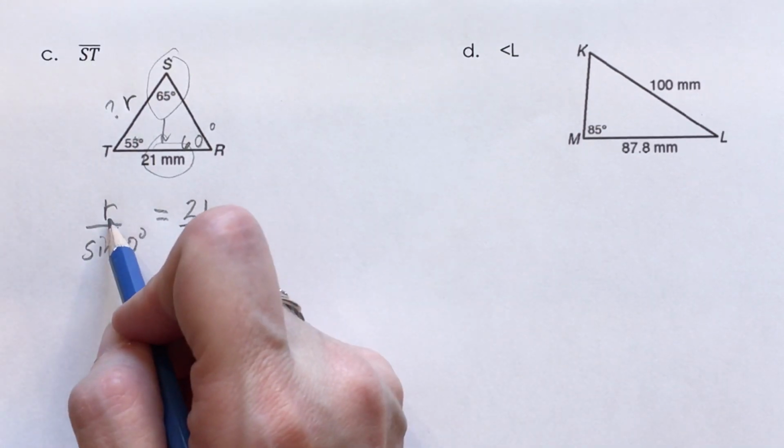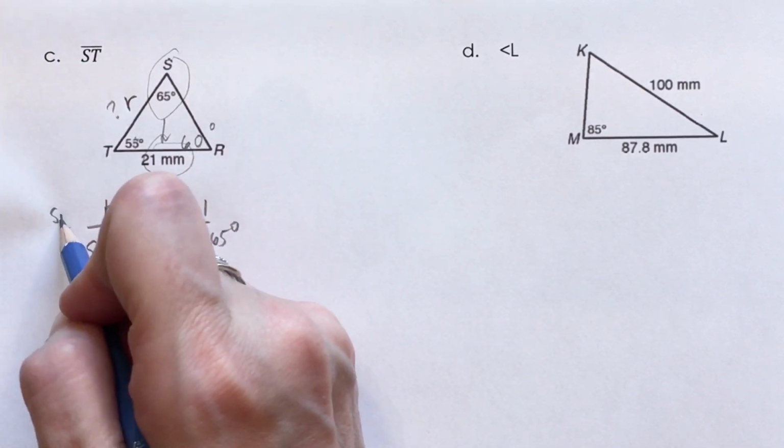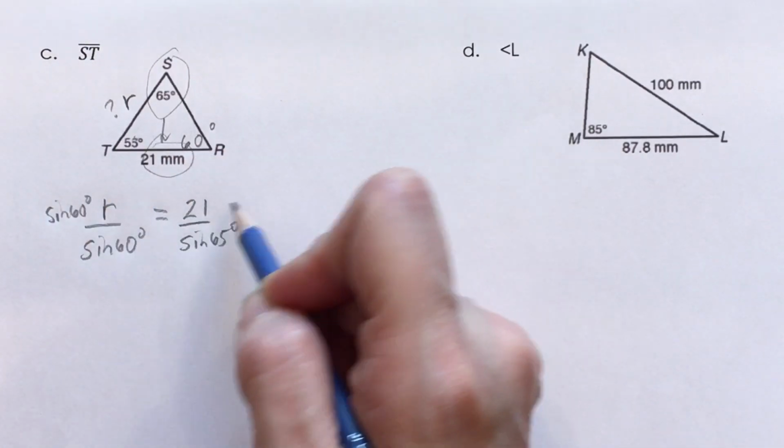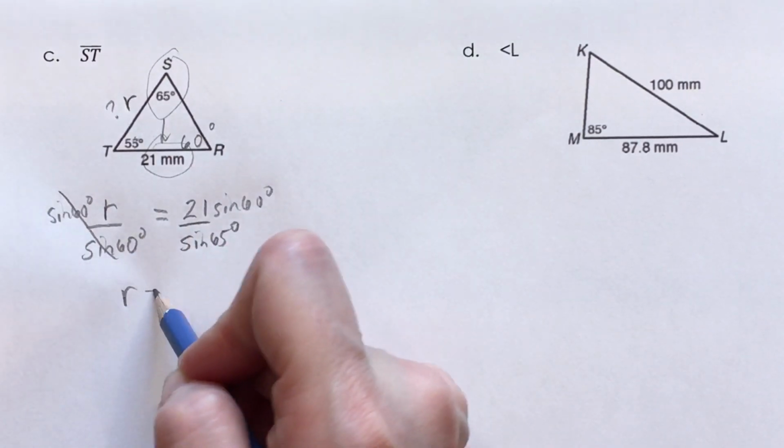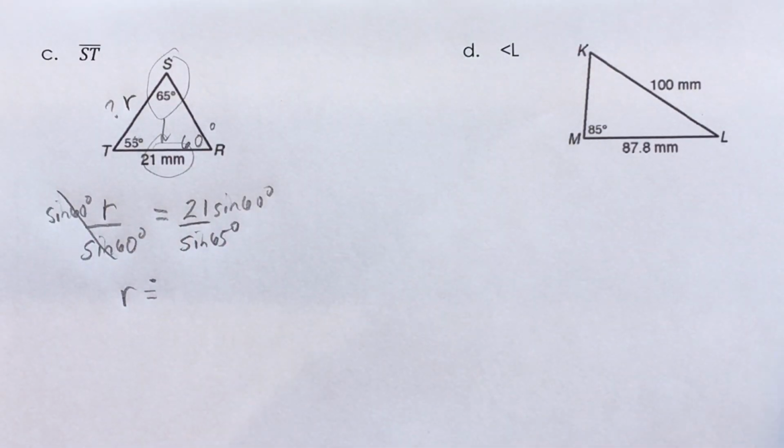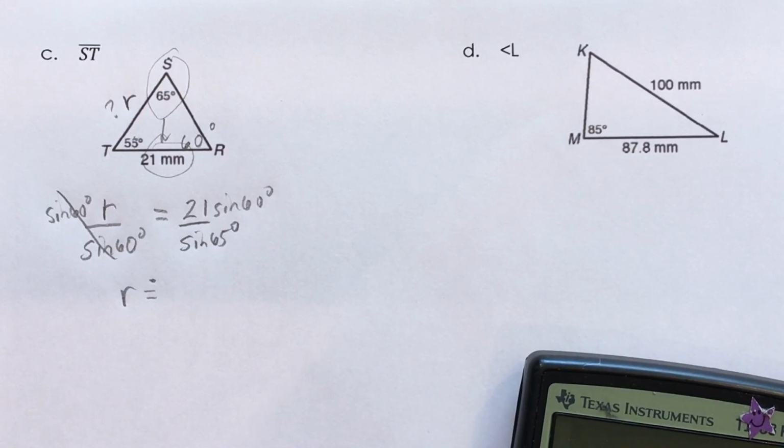Again, I need to get little r by itself, so I'm going to multiply both sides by the sine of 60 to undo that divide. And then I get r is approximately, using my calculator correctly, 21 times the sine of 60 degrees divided by the sine of 65 degrees.